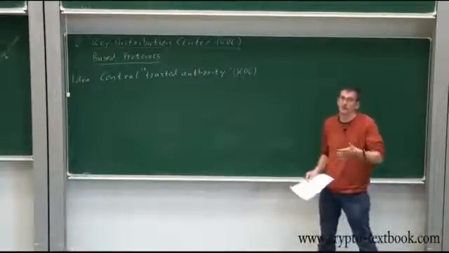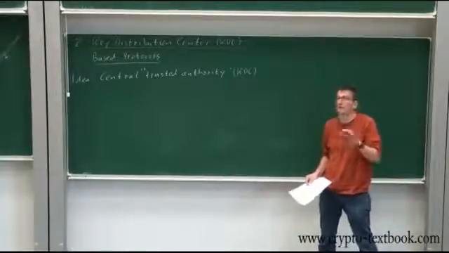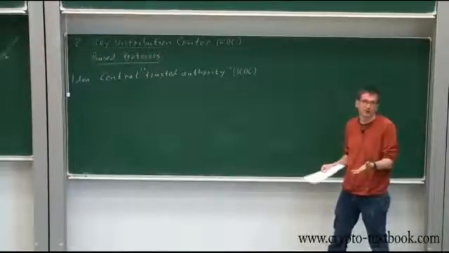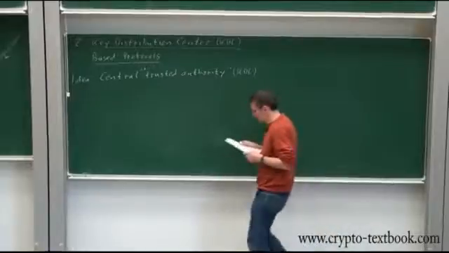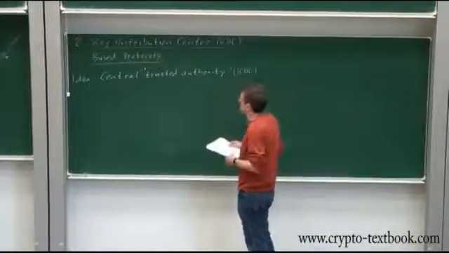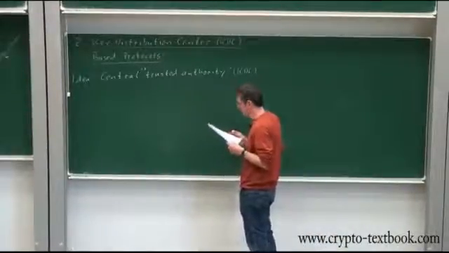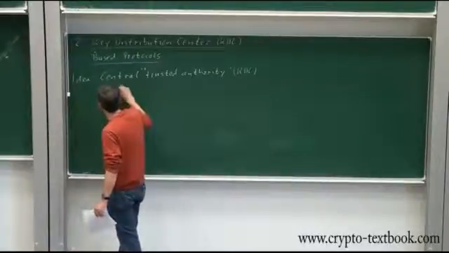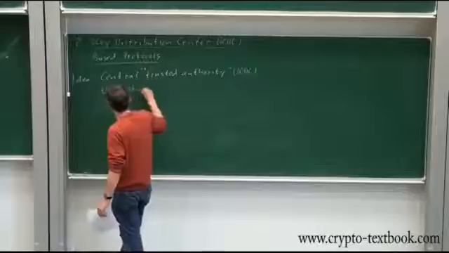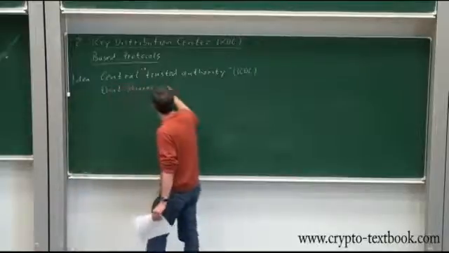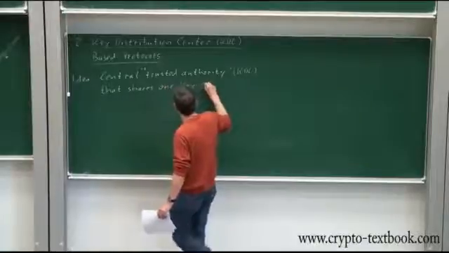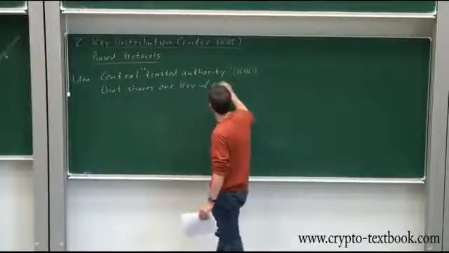Trusted authority will come up more often in the next few weeks. So that's a third party that is trusted by everyone. So it's not Oscar. So we have a central trusted authority that shares one key with every user.